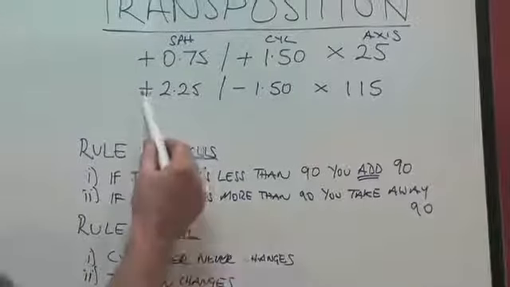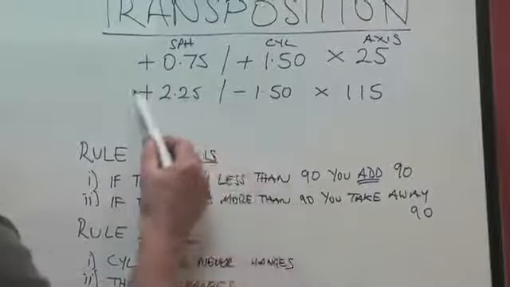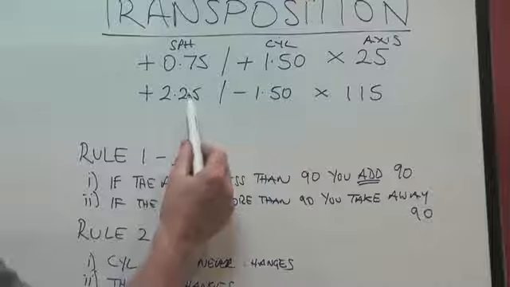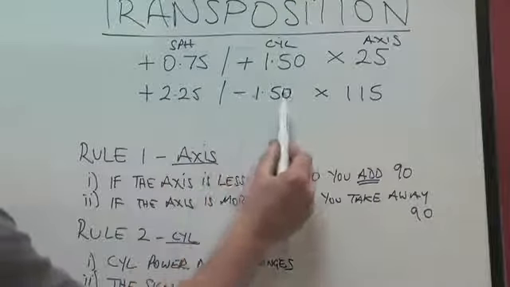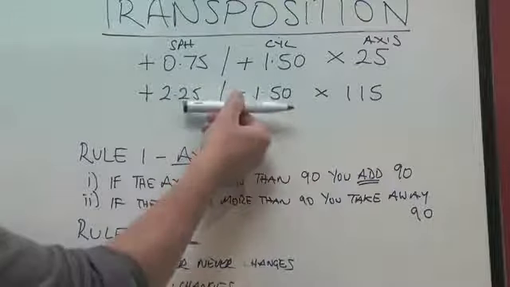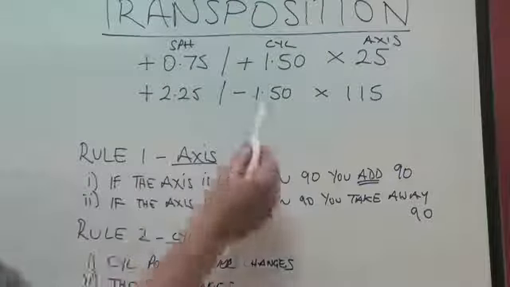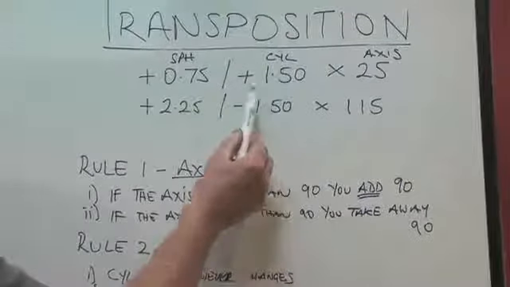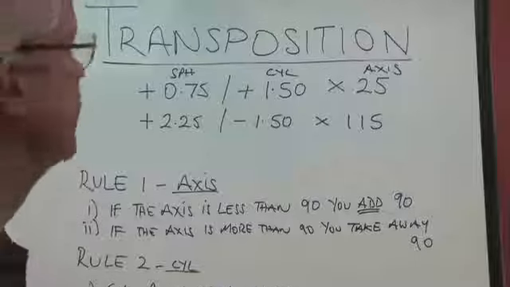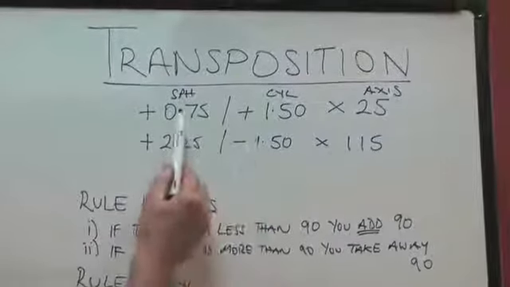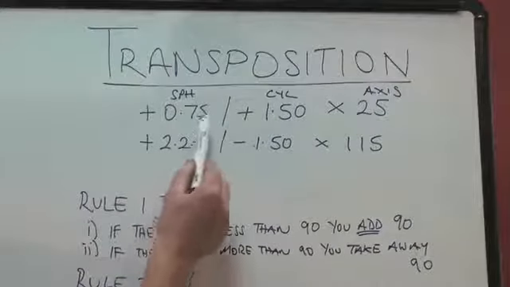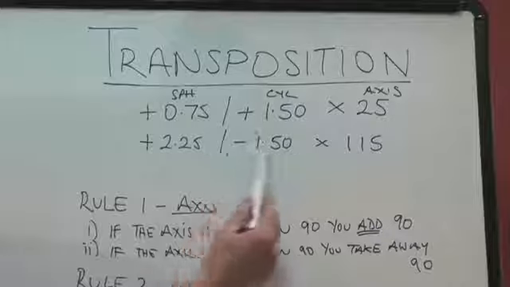So let's look at this example down below. We've got a plus 2.25 and we have a minus 1.50. If we want to transpose that back into the plus cyl form, we have to take the 1.50 away from the 2.25, and that equals 0.75. So it's the difference between the two.